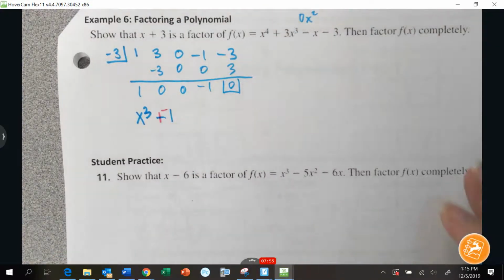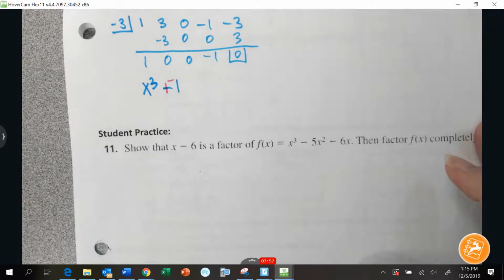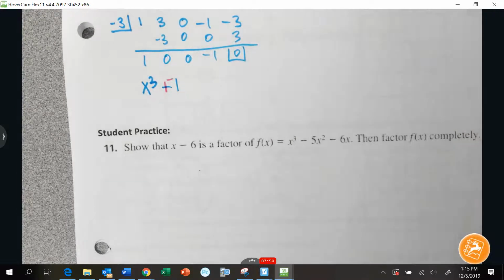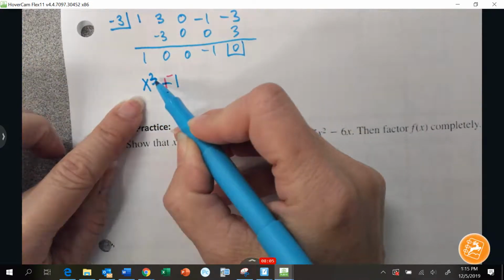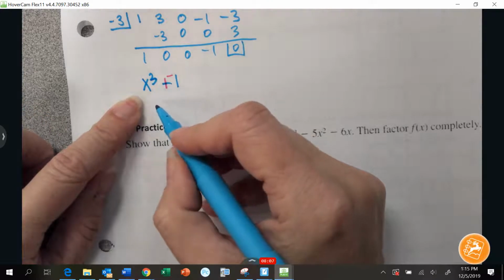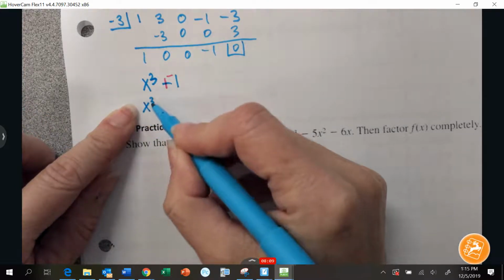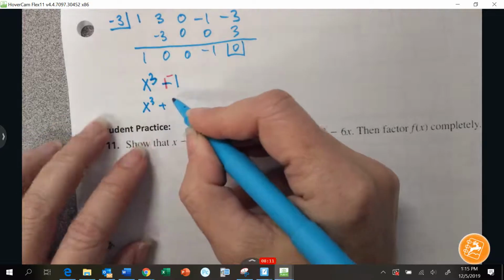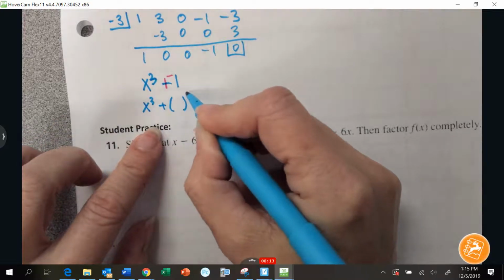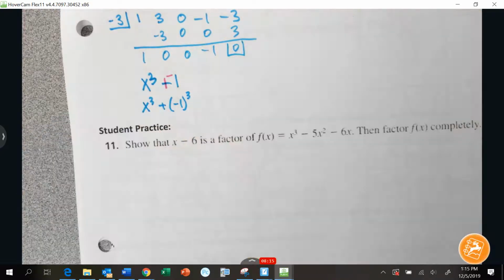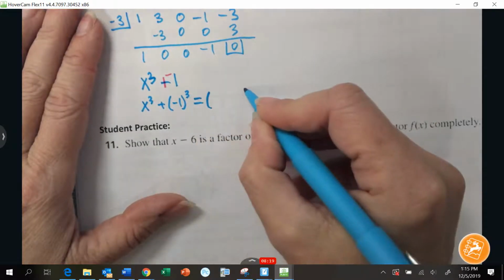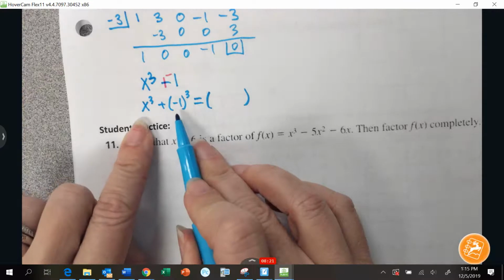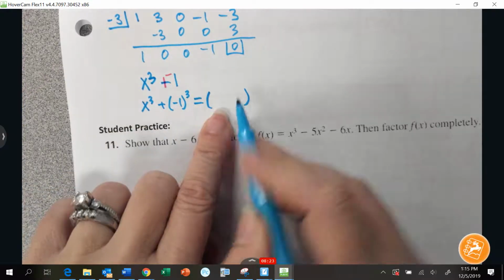So what I was asking you last time, which is not really a necessary step, but just so you know how to do it, I was asking you things like, what cubed gives me x cubed? Right, this is x cubed, right? And what cubed gives me -1? It's -1 cubed, right? So this is how we're going to factor it. We'll take our parenthesis and we'll put what cubed here.